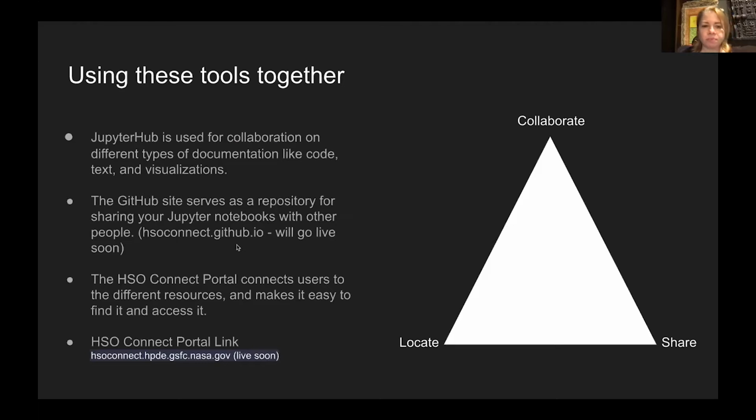But in summary, there's really three aspects to a successful data collaboration environment. You have your data and what you're doing in your code. And so you want to locate compatible people or compatible projects to collaborate and combine and perform analysis with.